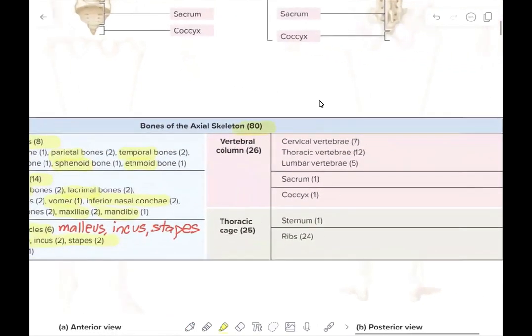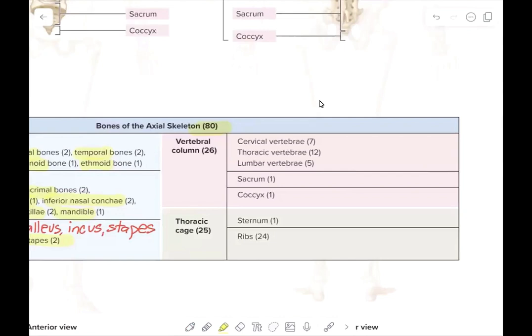For the vertebral column, there are 26 total bones, and this is in the adult. During fetal development, there are actually more bones. So there's 7 cervical vertebrae, 12 thoracic vertebrae, and 5 lumbar vertebrae, 1 fused sacrum, 1 tailbone, which is the coccyx, and then the thoracic cage has 1 sternum, which is made up of the manubrium, as well as the body and the xiphoid process.